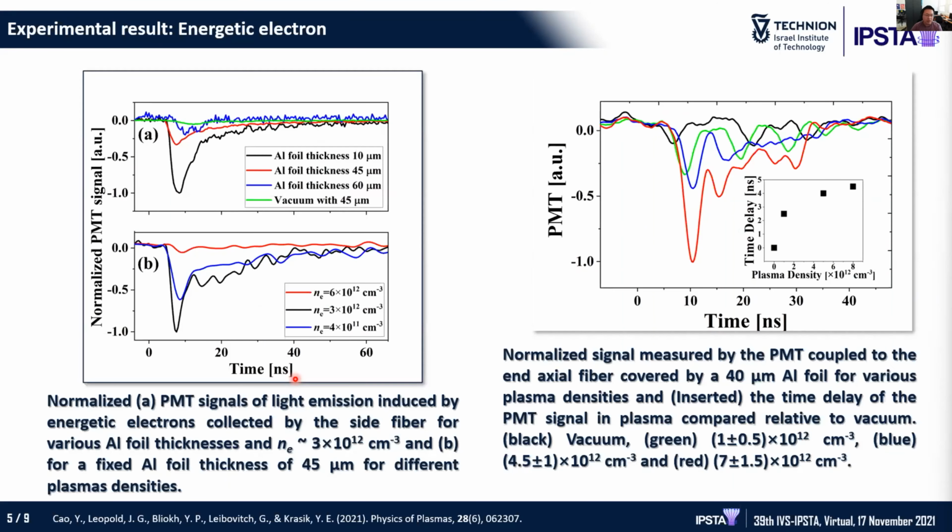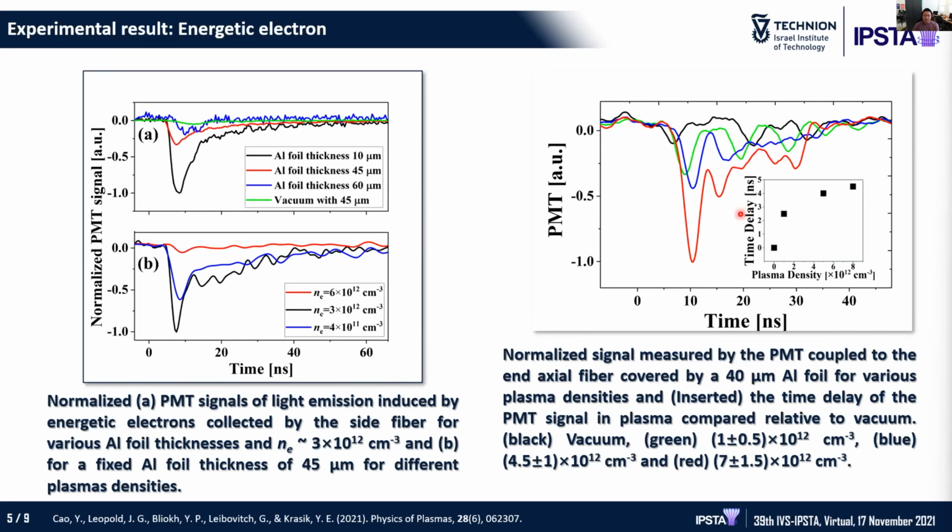Here is the normalized photomultiplier tube signal, measuring the light emission induced by the fast electrons at the side and at the front fiber. We made this experiment at different plasma densities and also with different thicknesses of aluminum foil. You can see clearly that energetic electrons have been ejected from the plasma in both radial and longitudinal directions, with energy up to 70 kiloelectron volts.